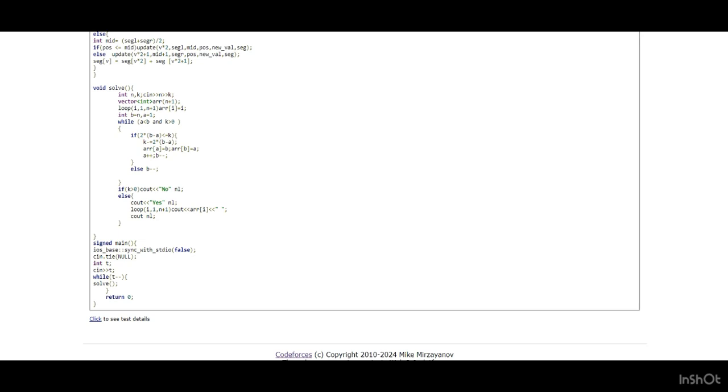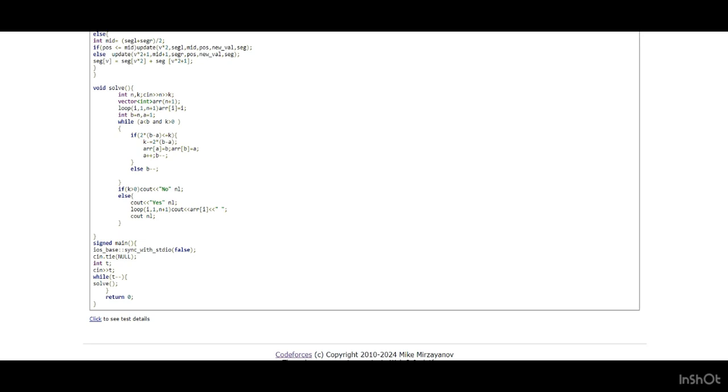I have done a while loop while a is less than b and the value of k is greater than 0. I will swap a and b, and I will check if after swapping the value is less than k. I will update k.